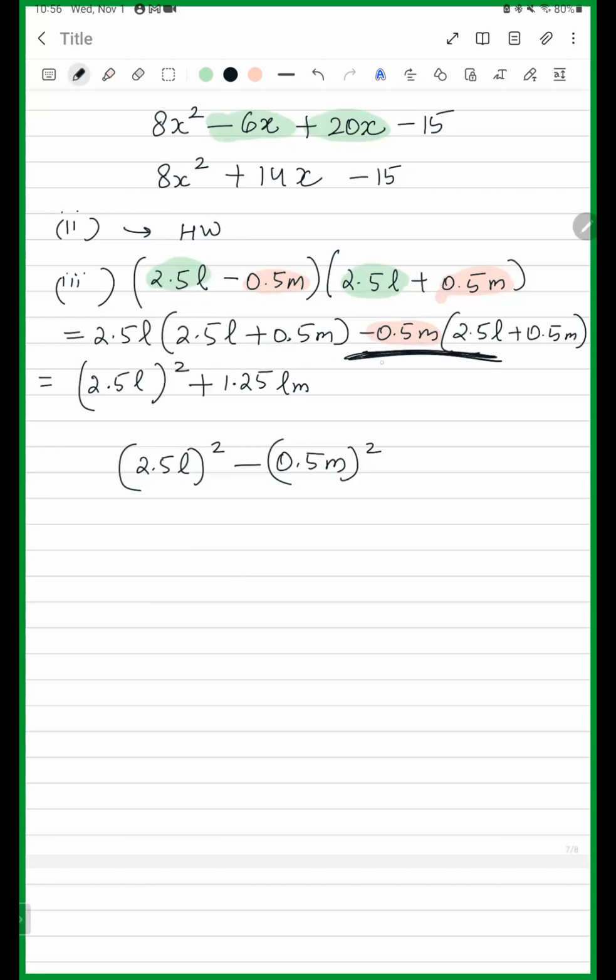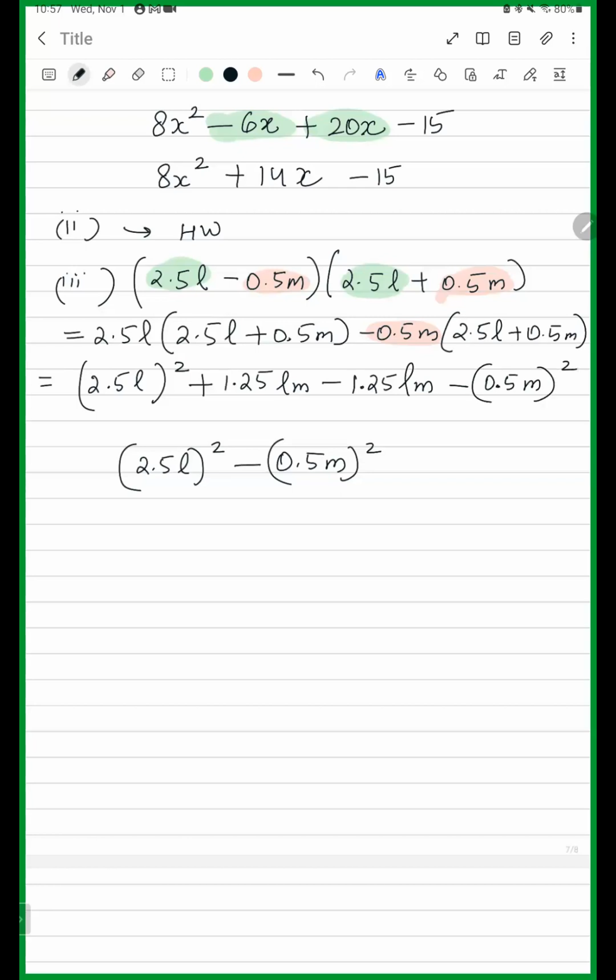What is this going to be? Minus 1.25 ML. ML and LM, is it the same thing or different? Same thing. So I'm also just going to write LM. Minus 0.5M whole square.